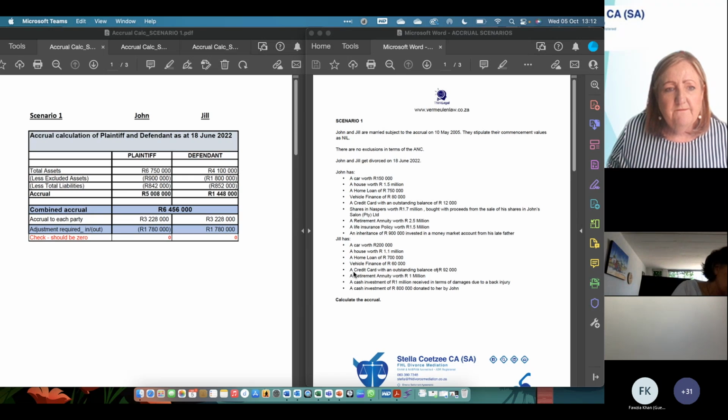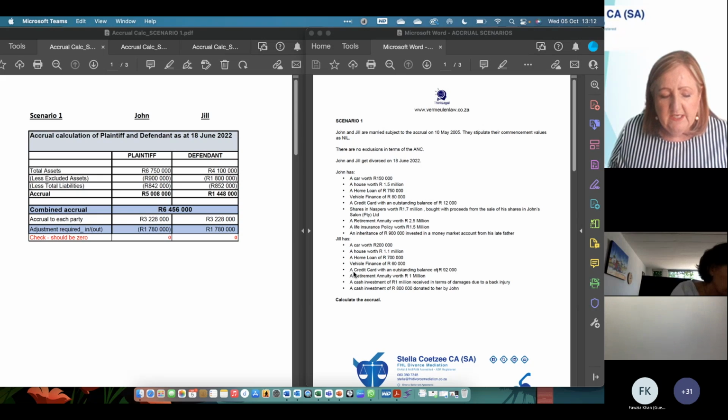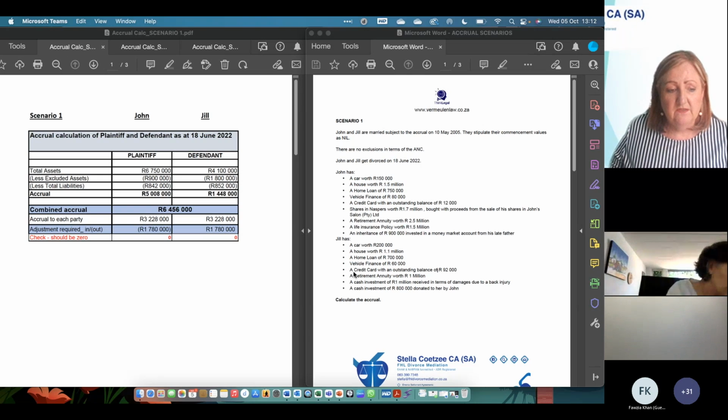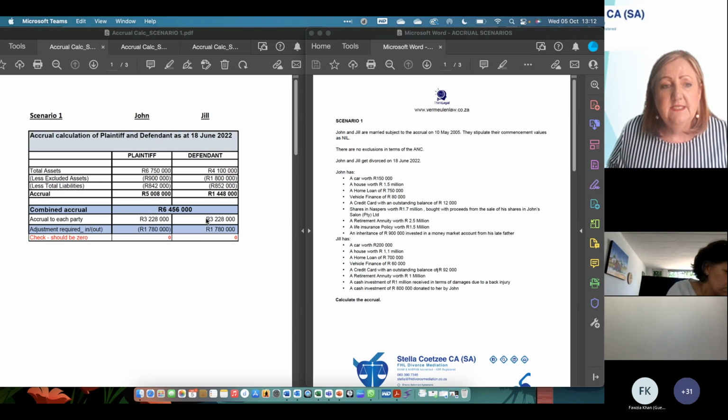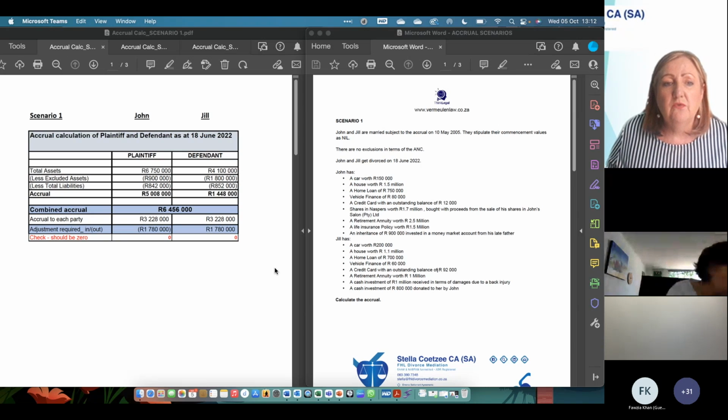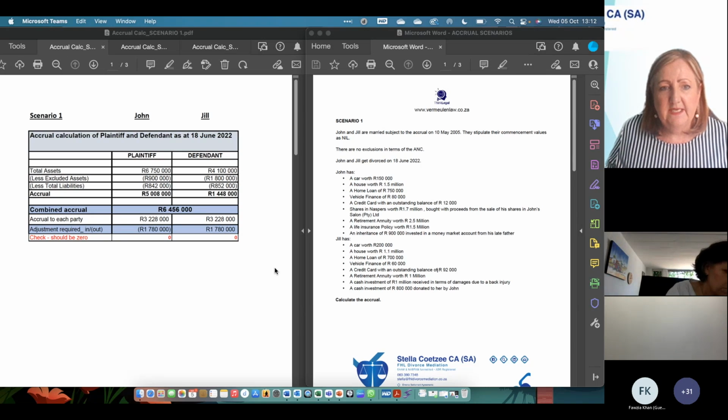So you'll see in the first column, the total assets that we've got for John is 6.75 million, less excluded assets of 900,000 and less his liabilities of 842,000, giving him a total accrual of 5.008 million.